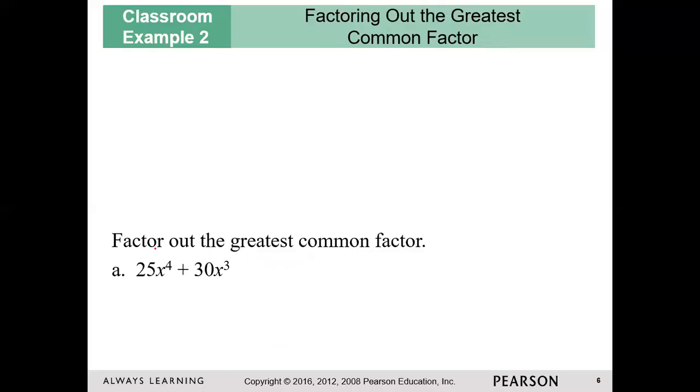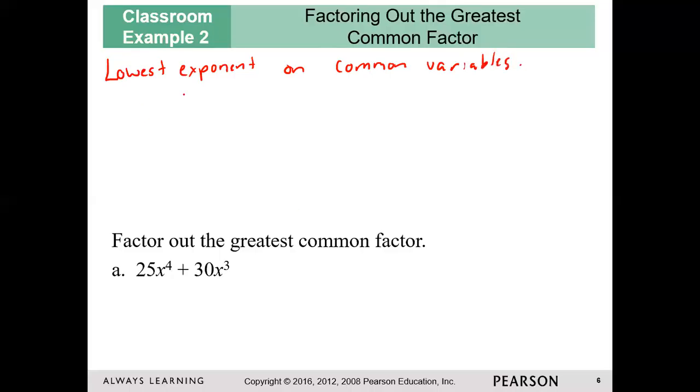Okay, so now we're starting to get into variables that are going to have things in common. One thing that you want to take a look at is it is always the lowest exponent on common variables.